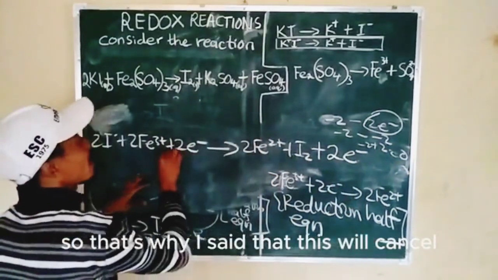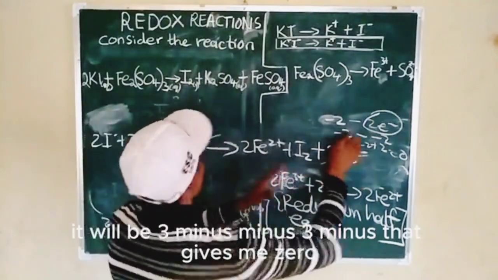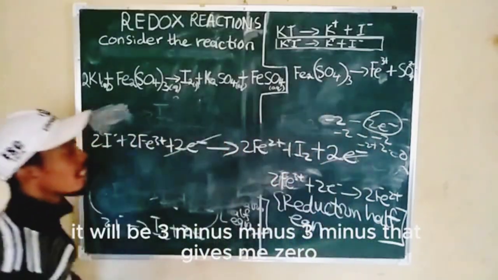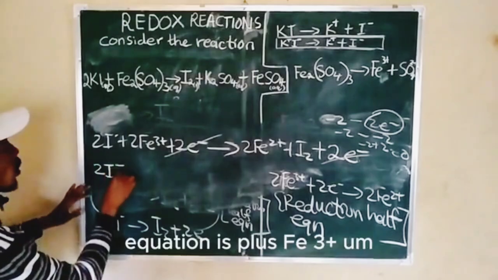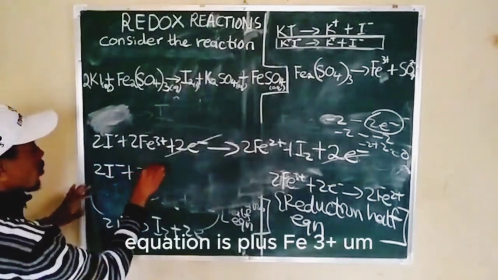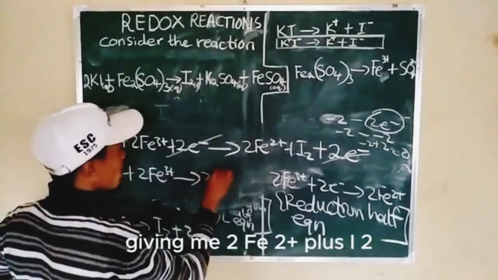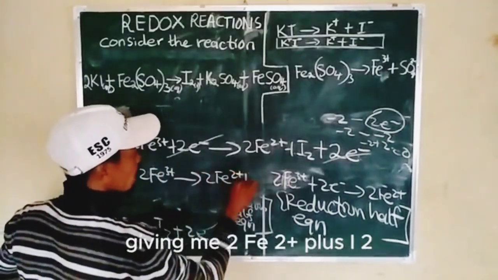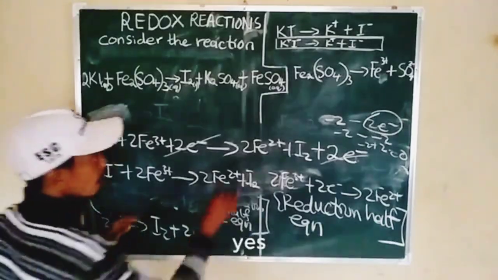So the electrons cancel. It will be 2e⁻ minus 2e⁻, that gives me 0. So my overall redox equation is 2Fe³⁺ plus 2I⁻ giving me 2Fe²⁺ plus I₂.